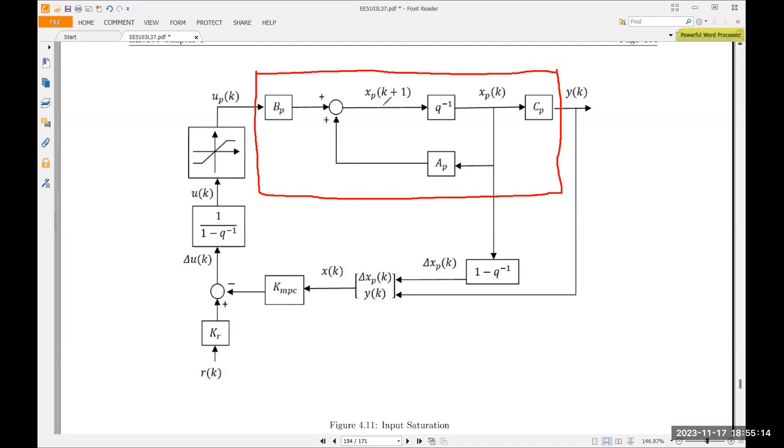And we say, okay, this is the real plant. So I write down real plant. Okay. And this is the model predictive controller.